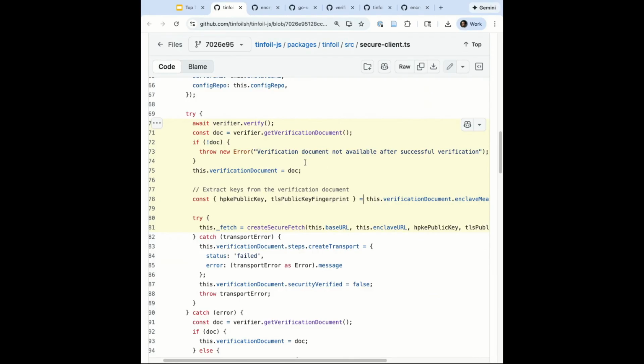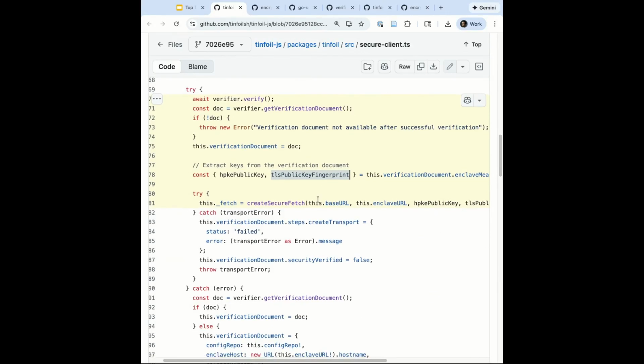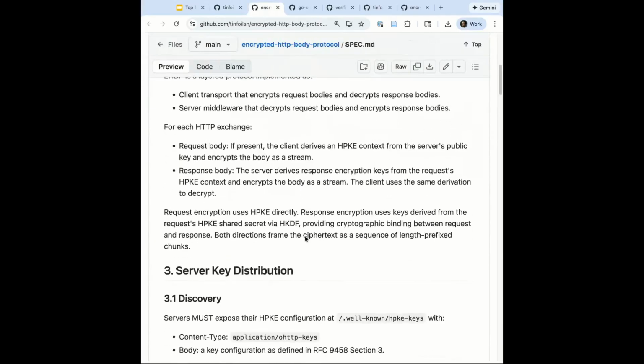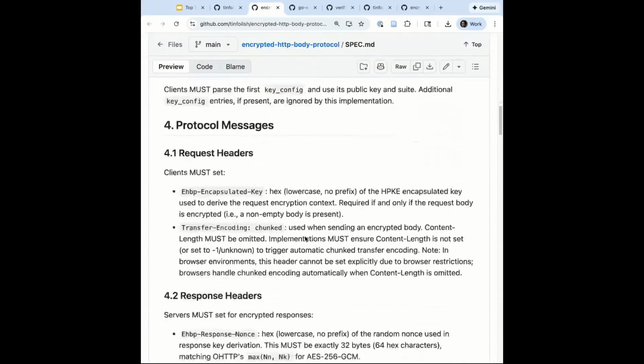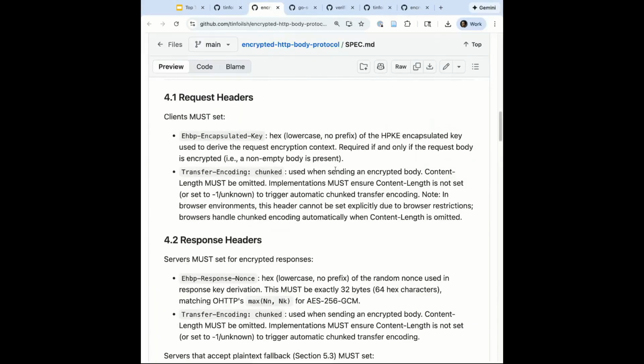Yeah. So the interesting thing here is, why is there an HPK key and a TLS public key? Well, Jules already talked about it. It's hard to use TLS from within a browser context, so they use this HPK protocol. We actually found some interesting things in this HPK protocol. Maybe just knowing what headers are in there is pretty interesting.